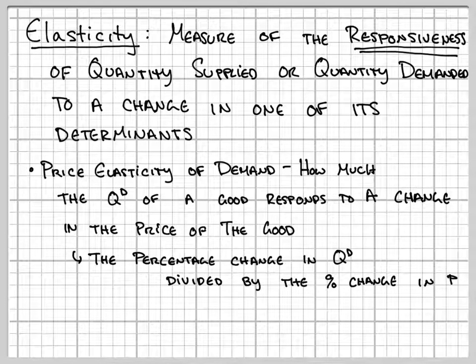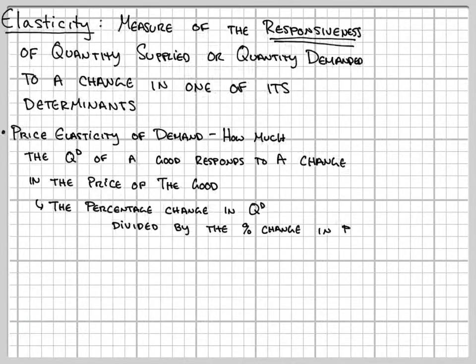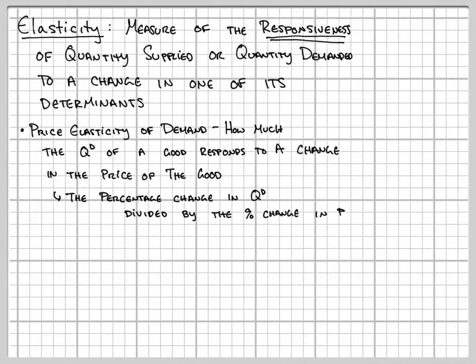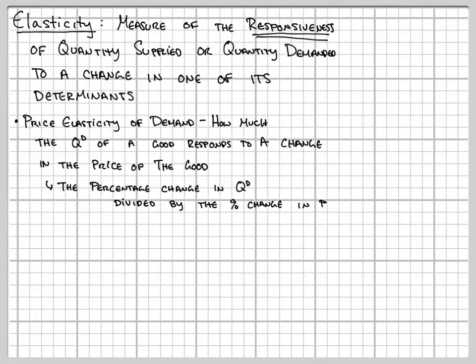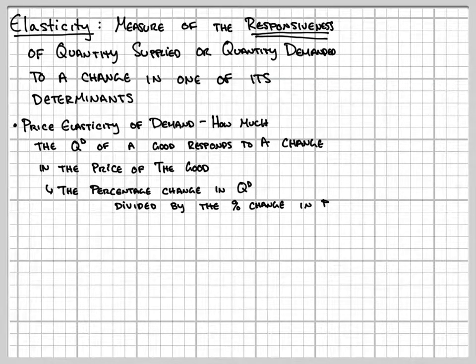So in notation, the percentage change in quantity demanded, we write it this way: percent delta QD.